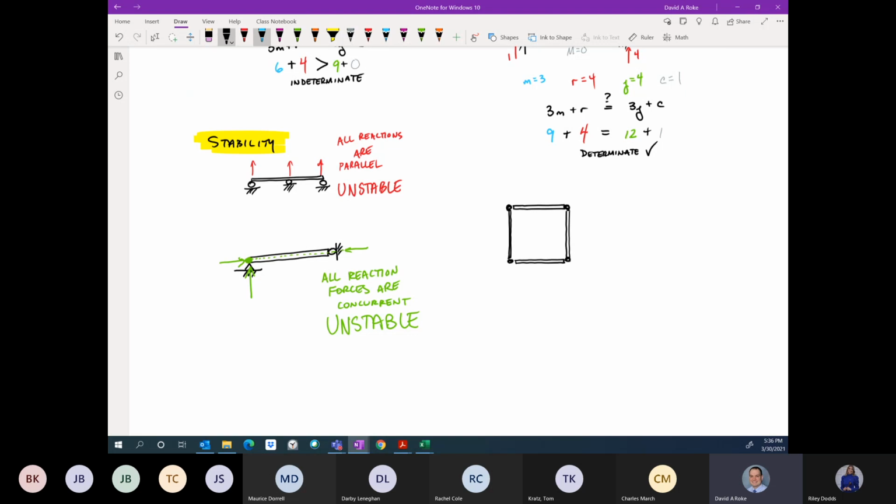And the problem with this is if I apply any lateral force to it, I have a collapse mechanism. Right? These are pinned joints. So this truss wants to deform like this, and then it wants to deform like this, and then it just wants to deform like this.